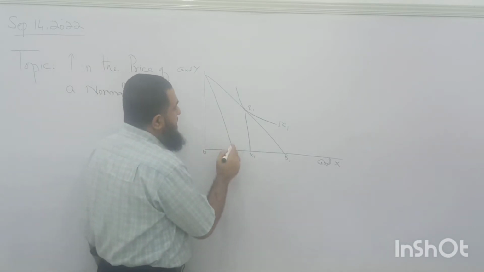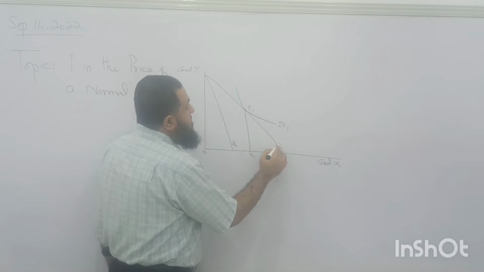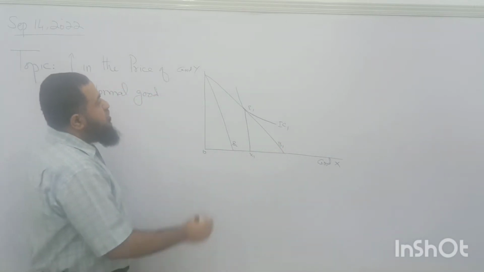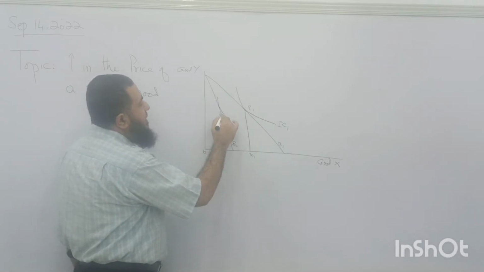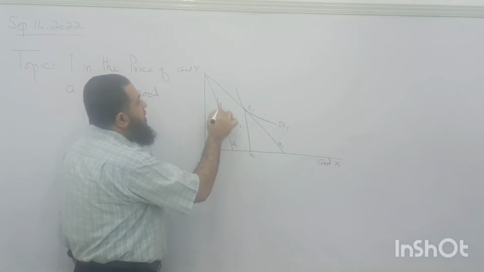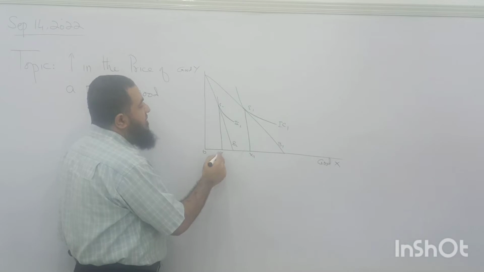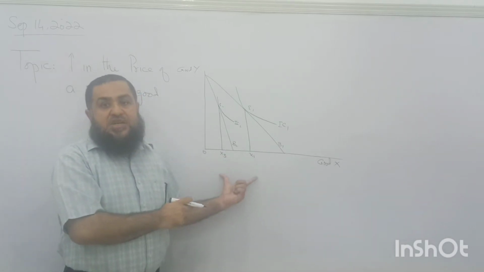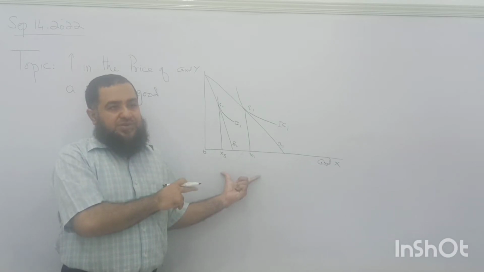Now the consumer is going to consume X at this point. This is the total effect from X1 to X3.